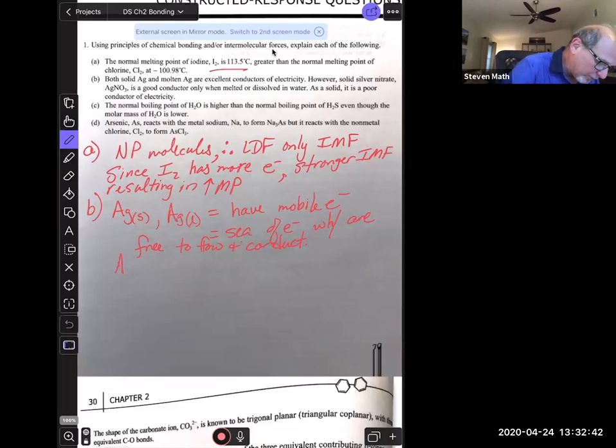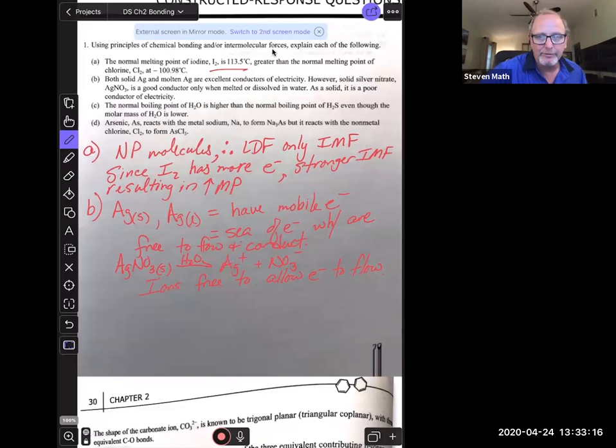Well, once we put AgNO3 solid into water, now we have Ag plus and NO3 minus, and these are ions that are free to allow electrons or charge to flow. Not long answers, simple answers, very sequential answers. Okay, so that's our conductivity question.